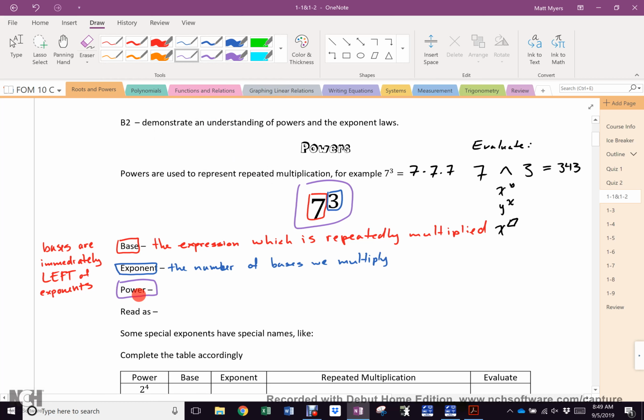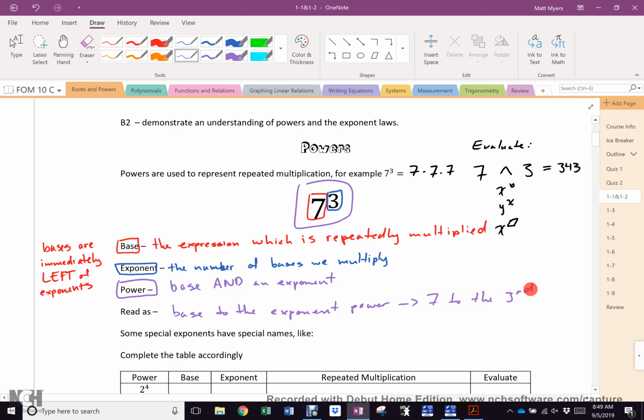A power is a base and an exponent, even though we read it as base to the exponent power. So this would be 7 to the third.